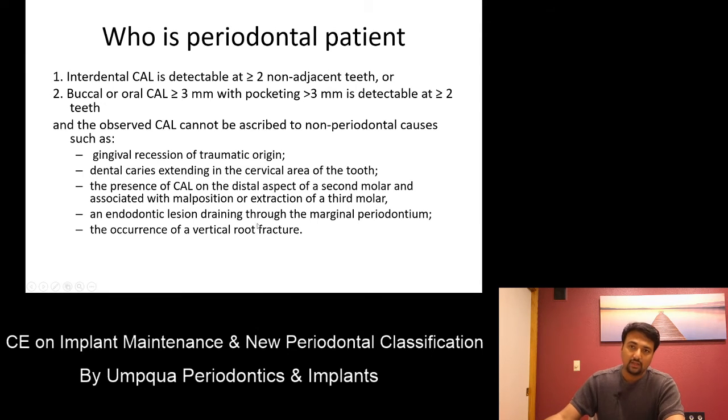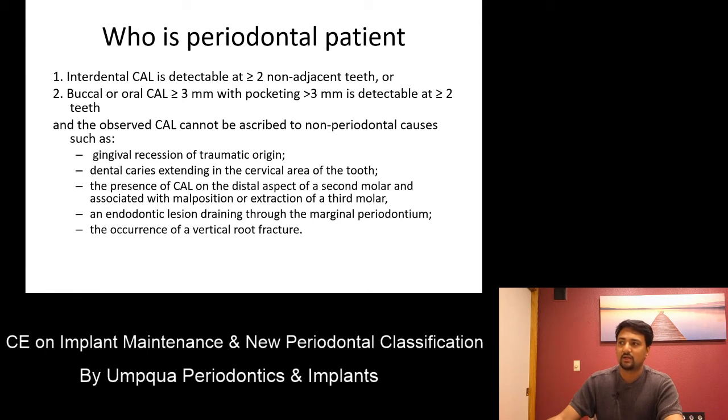What does that mean? In some situations, for example, third molars, because of malposition of third molars on the distal of second molars, there is bone loss. That is not considered a classic periodontal lesion. Endodontic lesions draining through the marginal periodontium are not considered true periodontal lesions.